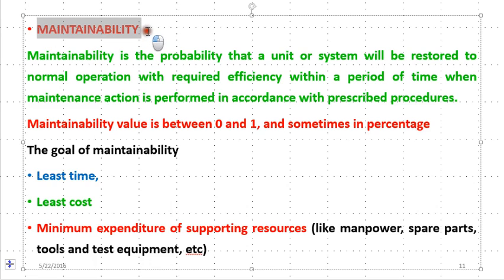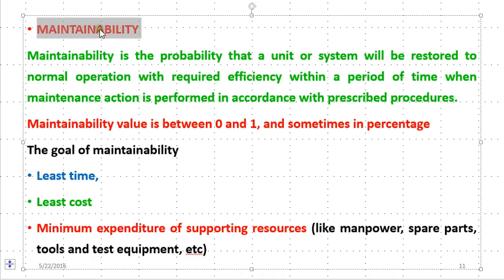Now we continue with our definitions. We are now going to see the definition of maintainability. Maintainability is also a probability: the probability that a unit or a system will be restored to normal operation after it has failed, with the required level of efficiency within a given period of time.